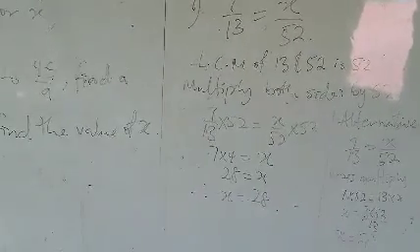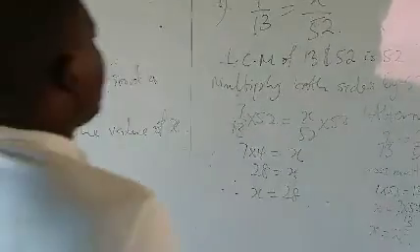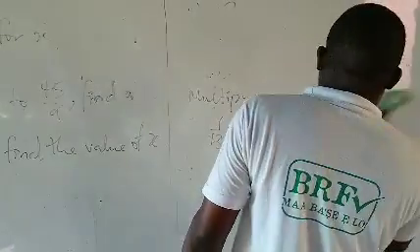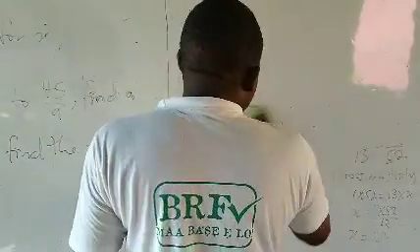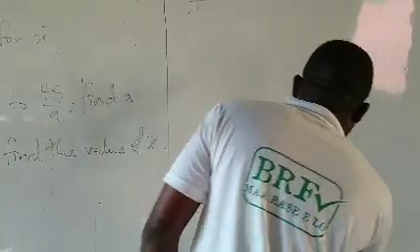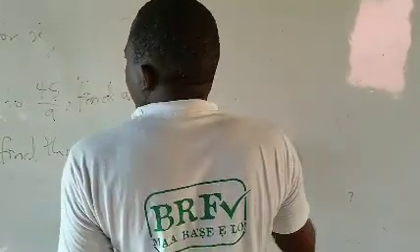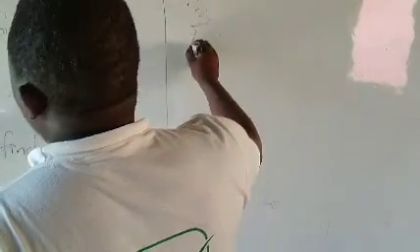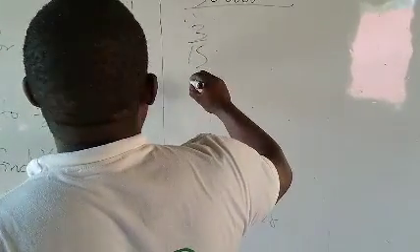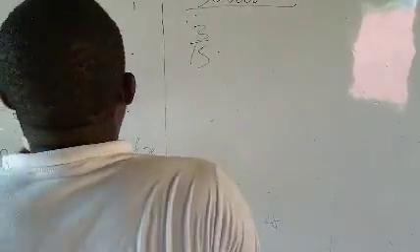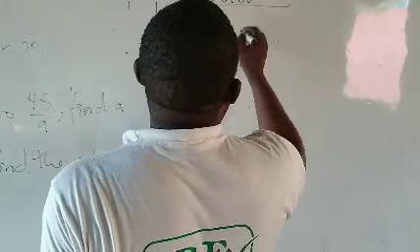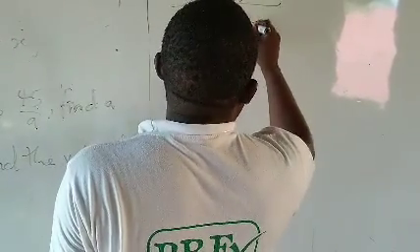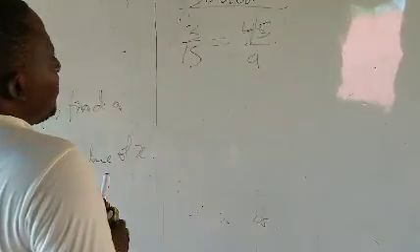Now, let's solve the second one. The second one says that if 3 over 15 is equivalent to 45 over a, it means that 3 over 15 is equal to 45 over a.